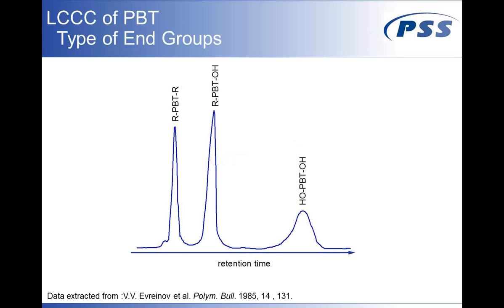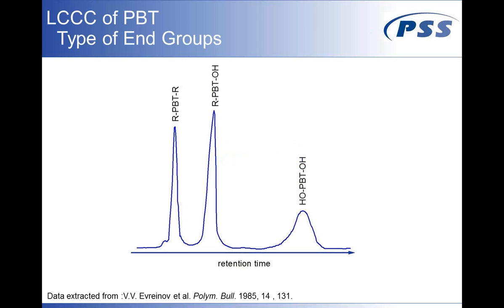That might happen, for example, if you have a polybutadiene or something like that with a strongly retaining carboxylic end. But normally, you will not be able to separate by end groups high molar mass polymers in a gradient.